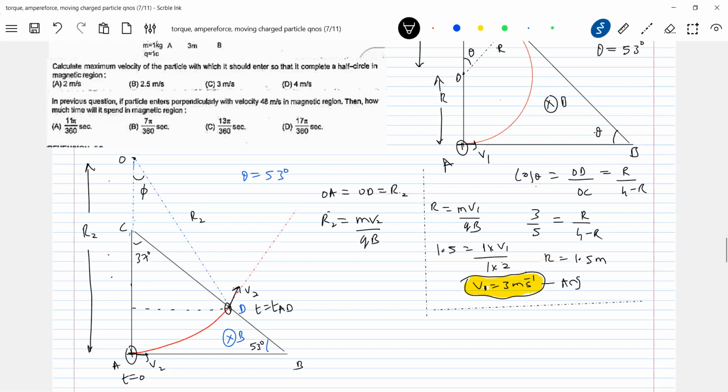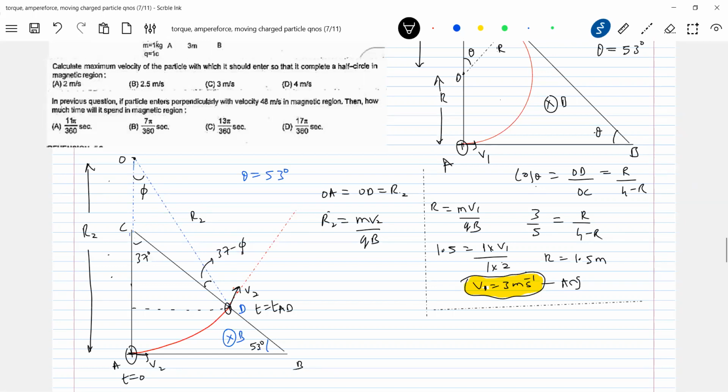That angle phi is what is needed. So what can be this angle? 37 minus phi. Apply sine rule.